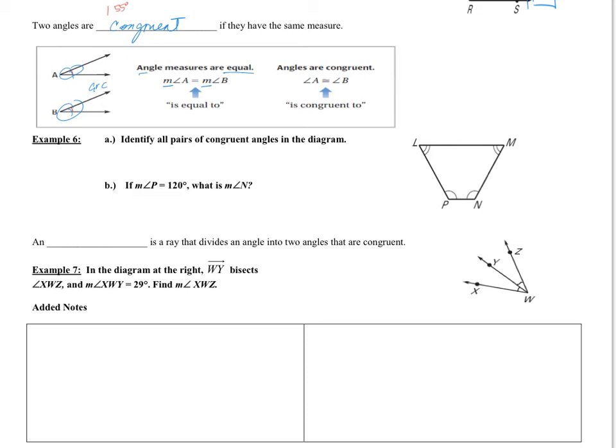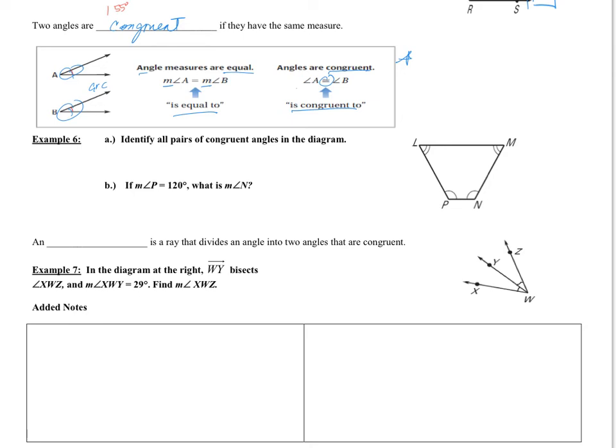Measure angle A is equal to measure angle B. But when we say angles are congruent, we don't use the little m. We use the congruent symbol and read it as angle A is congruent to angle B. This is going to be very important later on when we do proofs.